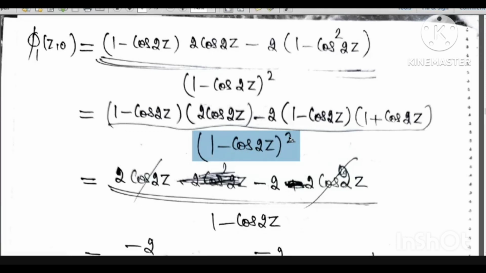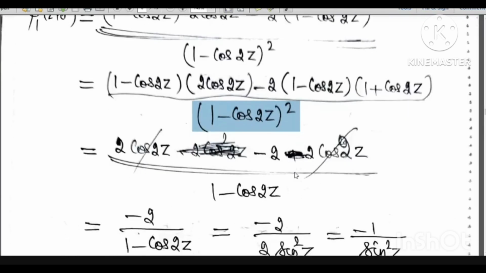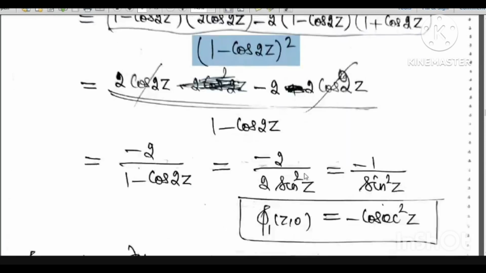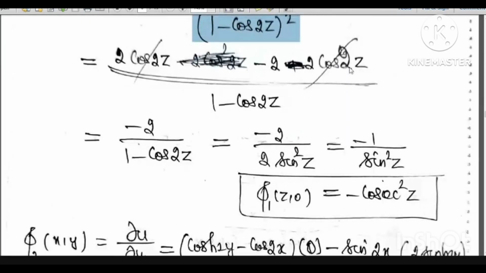So 2 cos 2z minus 2 into 1 plus cos 2z divided by 1 minus cos 2z. So numerator is 2 cos 2z minus 2 minus 2 cos 2z. 2 cos 2z first term, third term cancel. So answer is minus 2 divided by 1 minus cos 2z. 1 minus cos 2z, that is the formula 2 sin square theta can be written as 1 minus cos 2 theta. So minus 1 by sin square z. So phi 1 of z comma 0 is equal to minus 1 by sin square z.